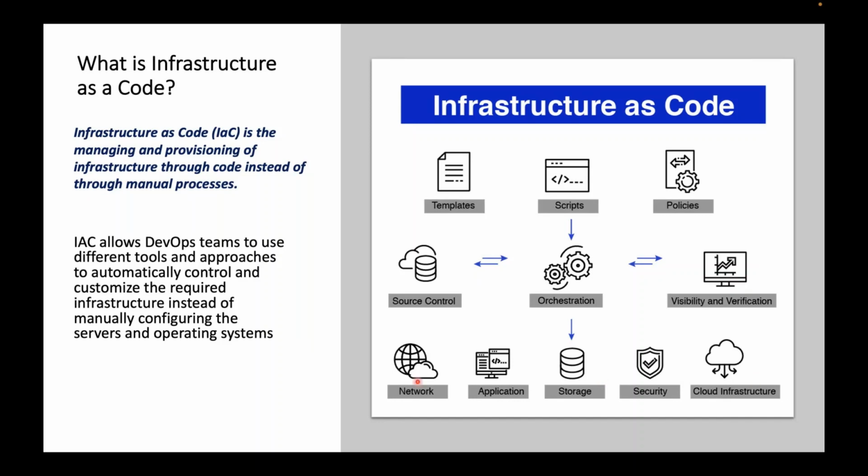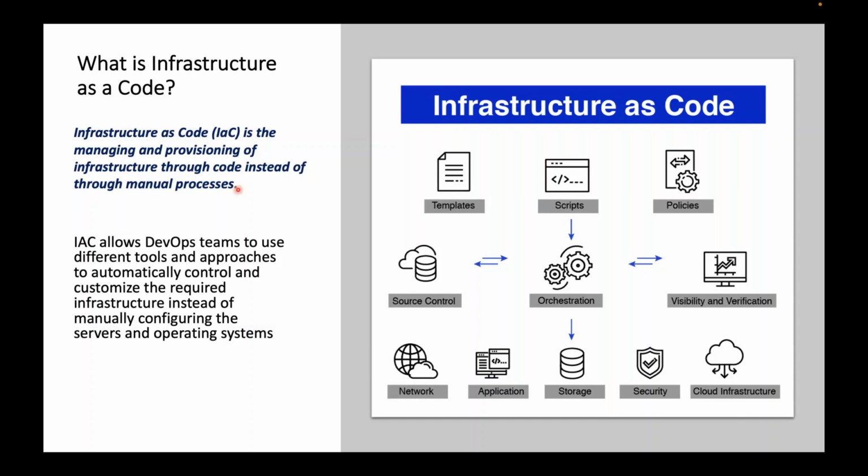It will create network resources, we can deploy applications, create storage, create security components, and create other cloud infrastructure. These are the things we can do using IaC. This is the basic definition and basic architecture. IaC is managing and provisioning of infrastructure through code instead of through a manual process. That is the main thing.